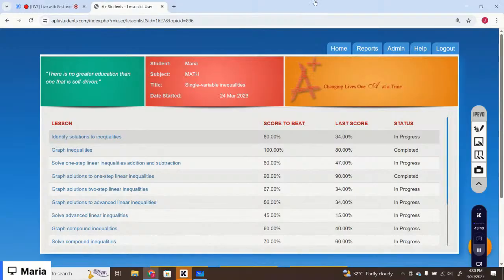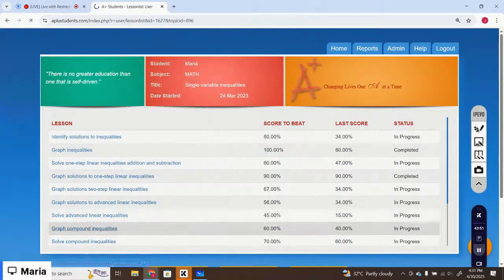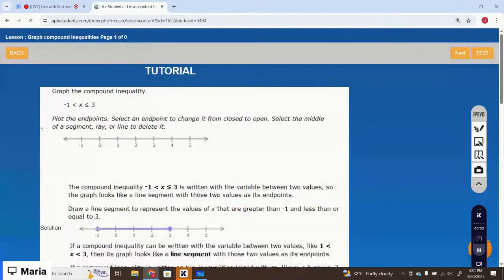Next lesson is graph compound inequalities. Graph the compound inequality: negative 1 is less than x and less than or equal to 3.